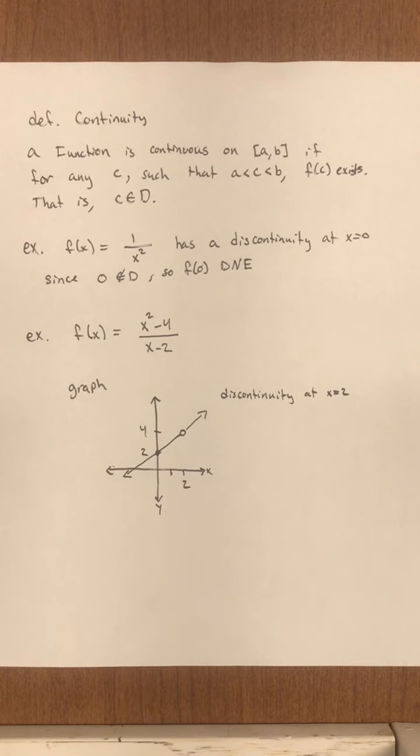If we attempted to substitute 2 into the original, we would have division by 0. 2 is not in the domain of that function, and therefore on all real numbers this function is not continuous. Its domain is negative infinity to 2, not including 2, union 2 to positive infinity.